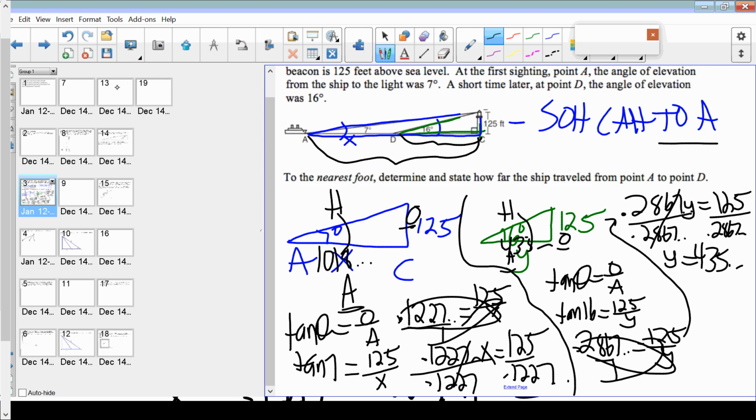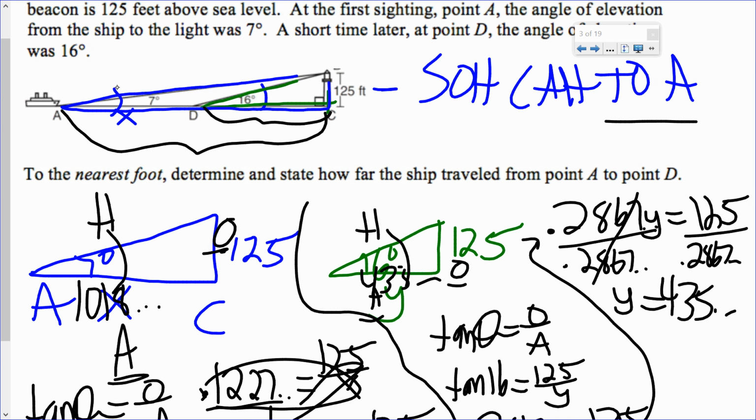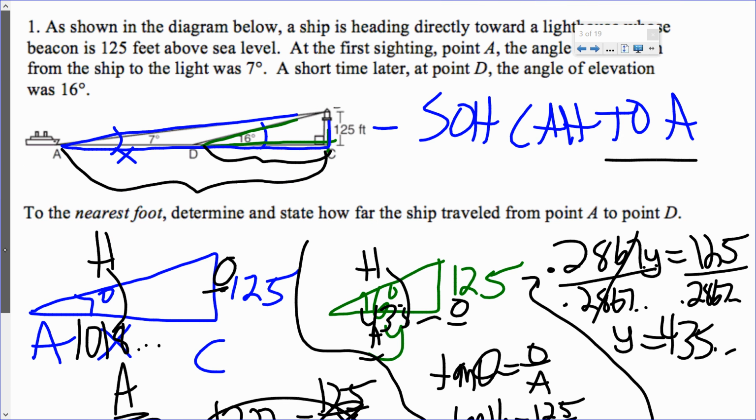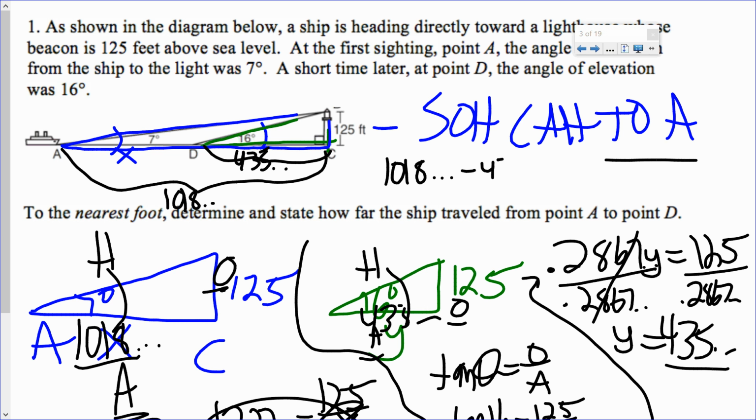So if this whole thing is 1018 and this piece is 435, to find my missing x piece, I can do 1018 dot dot dot minus 435 dot dot dot.